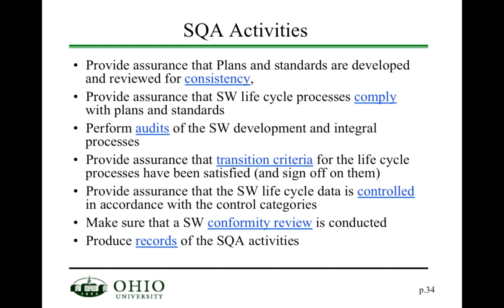Also, whenever there are transition criteria, QA will be there to make sure that everything promised for the transition criteria has been satisfied. So they sign off and say, okay, now you can start deriving low-level requirements from this particular high-level requirements document, for example.